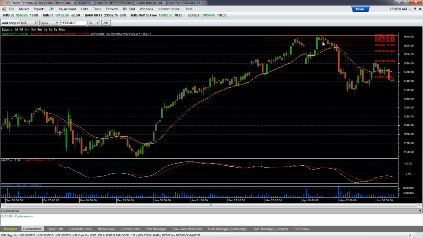The market made a high over here, it is falling, it fell to the level of 76.4%, it retraced and afterwards touched the level of 91%. It could not hold on, and afterwards it fell and it formed a doji.